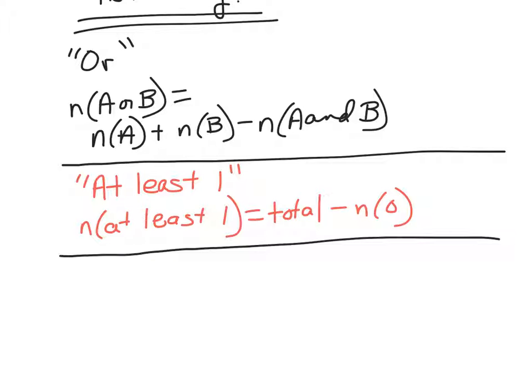Okay, so if it's one of those, go to those formulas. If it's not one of those, then you want to go back to those 2 questions we kept asking. The first question was about repetition. Is repetition allowed?